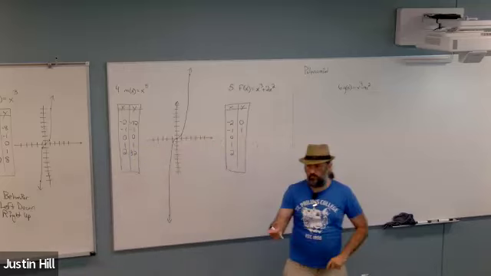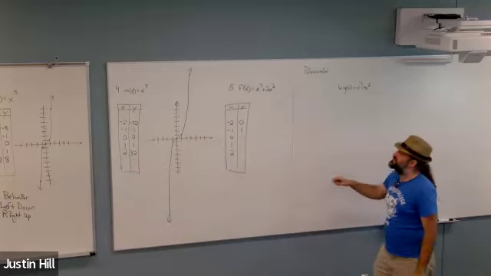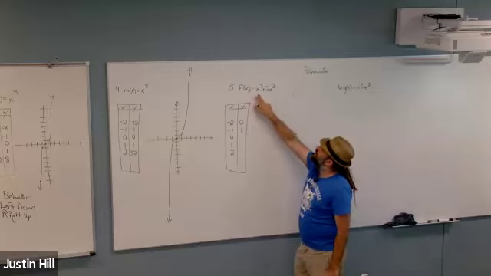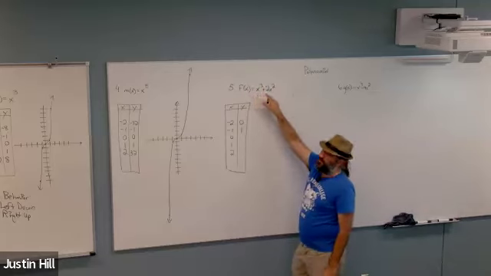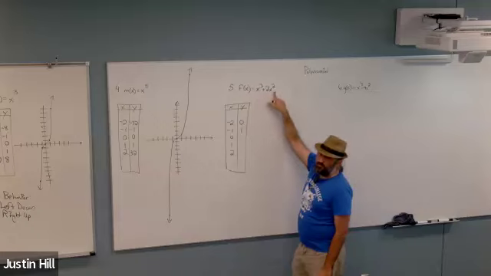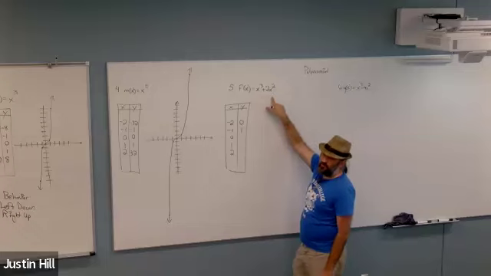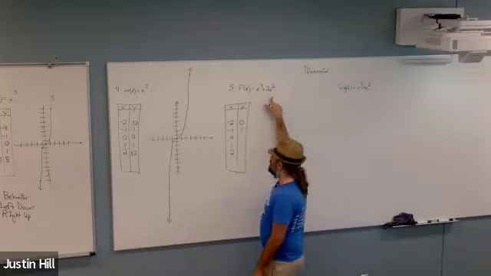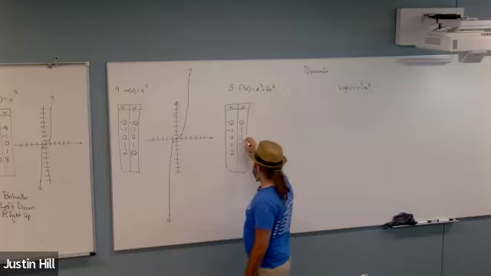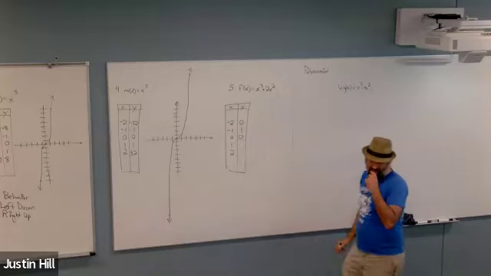The 0 should be a 0, so if I plug in 0 here, we gotta do exponents first, so what's 0 cubed and 0 squared? 0. So I have 0 plus 2 times 0, but I gotta do that too. So that's gonna be a 0.